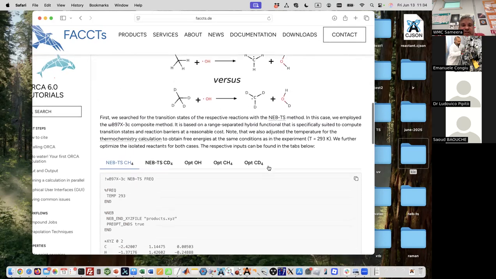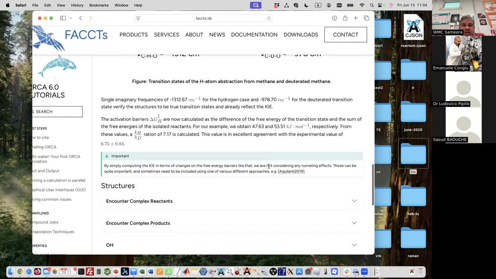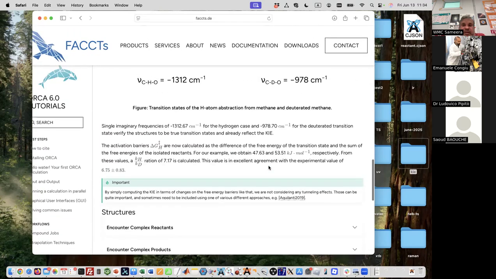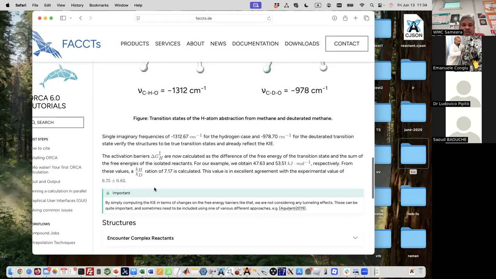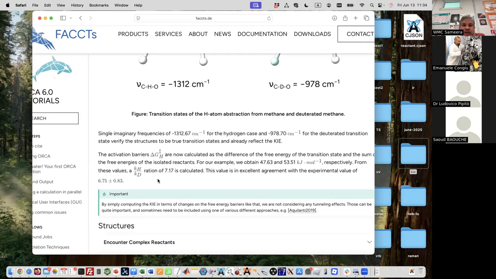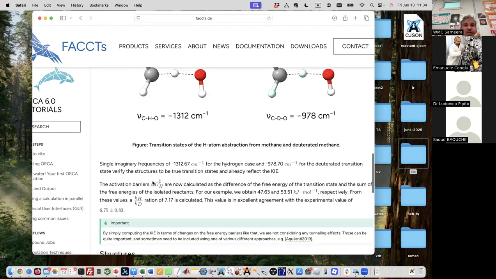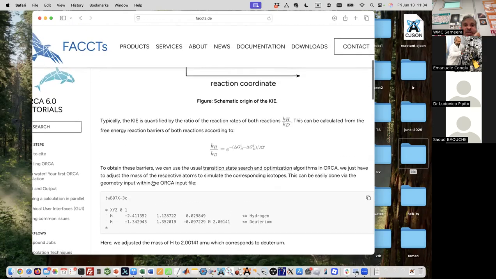You can essentially follow this tutorial and it explains everything. So here it says the computed value is 7.17, which is in agreement with the experimental value. Which is nice. The agreement is very good, and I recommend you try this by yourself.